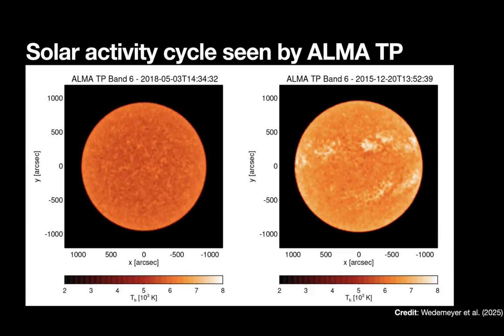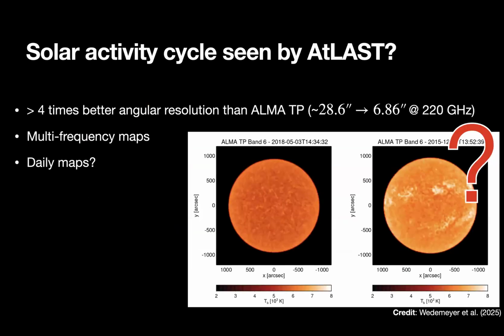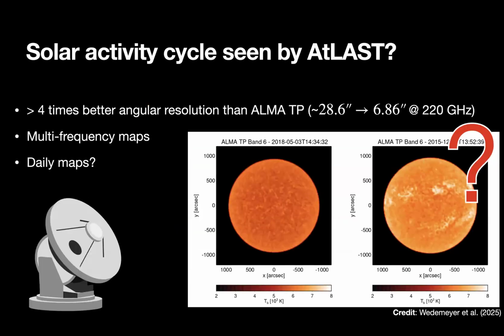In the leftmost plot, you see a lot less structure, while on the right, you see a lot more bright and therefore warm structures here as active regions. But solar observations with ALMA are few and far between, so it's hard to reconstruct a full evolution of this millimeter sun across the solar cycle. And that's where we hope AtLAST could greatly contribute to studying the solar activity cycle.